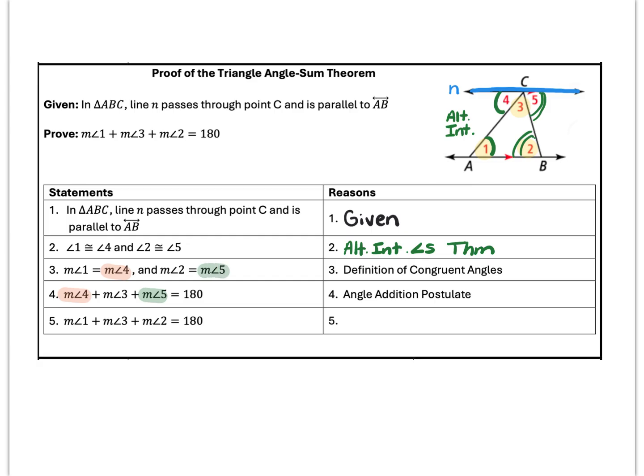So if I make a substitution and I trade angle 4 for angle 1, and angle 5 for angle 2, we just use the substitution property. And now we have exactly what we needed. Angle 1 plus angle 3 plus angle 2 equals 180.